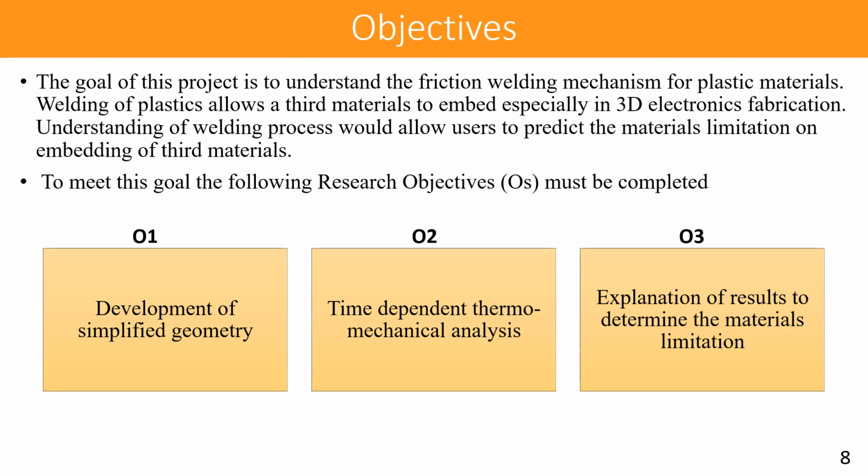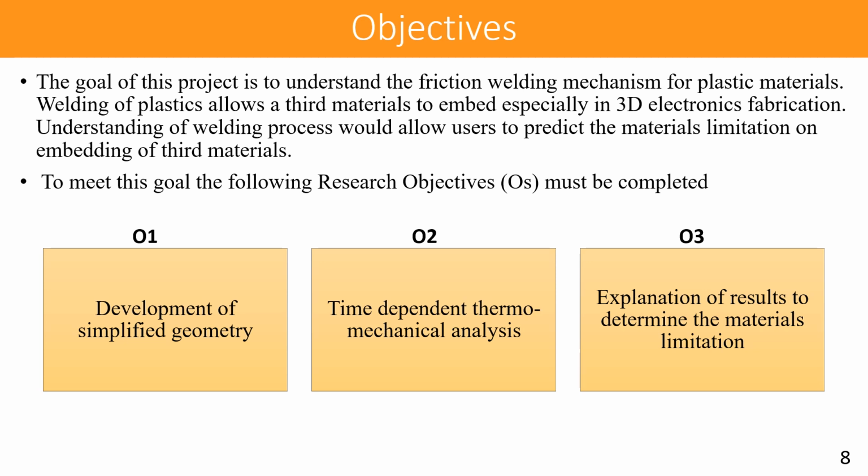To have all of this information, the research objectives must be completed in 3 different ways. I have to set a simplified geometry that could be used to analyze friction welding, or the embedding process similar to friction welding. Then it has to be a time dependent and thermophysical analysis.